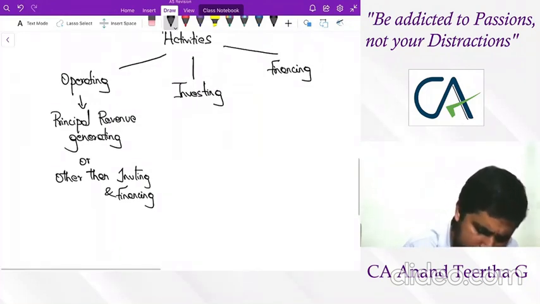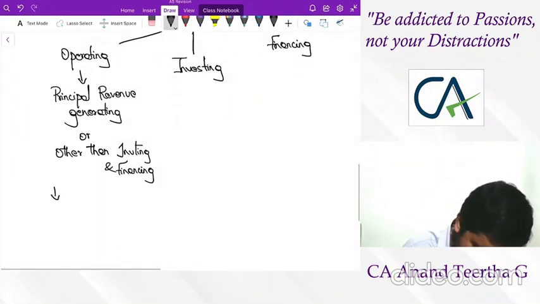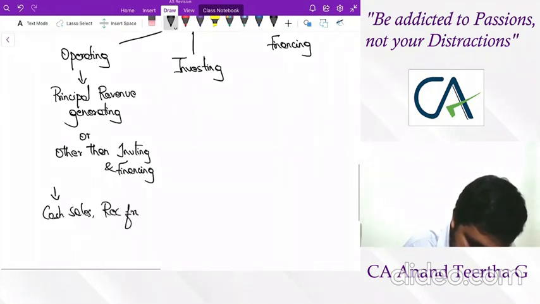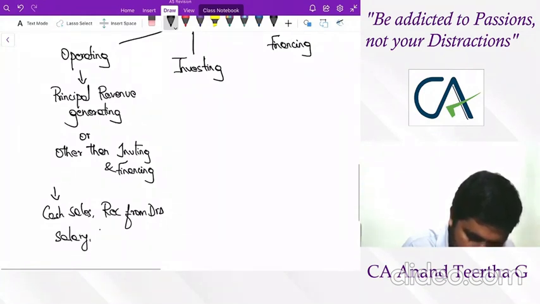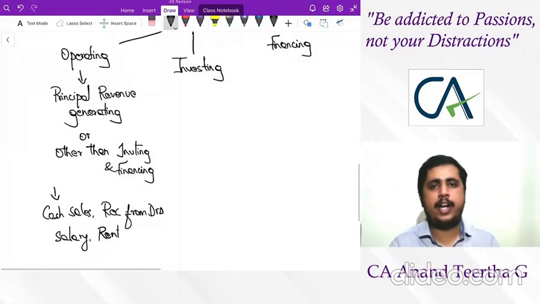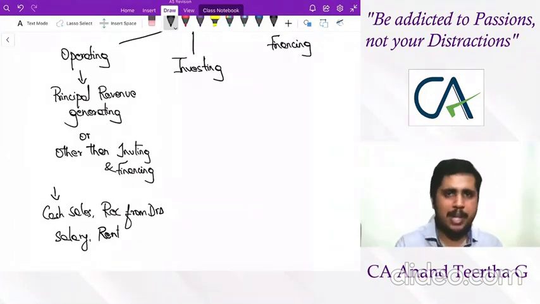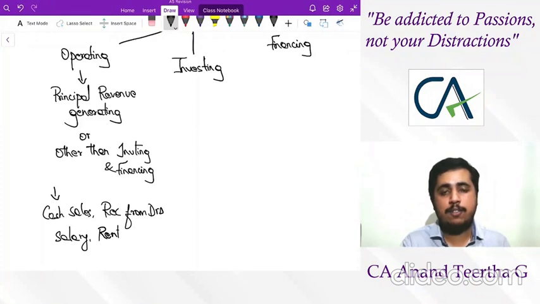All your general business requirements like cash sales, receipts from debtors, then salary, rent, etc. All these things are operating activity because they are related to our main business. So that is considered under operating activity. For example, even for financial institutions, dividend and interest are operating activity.